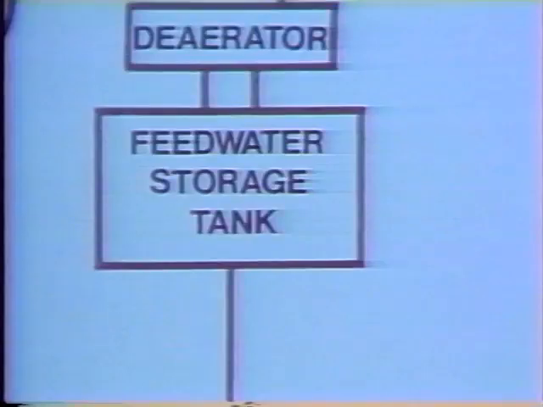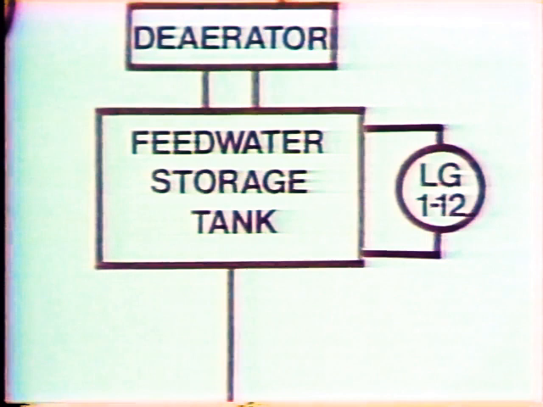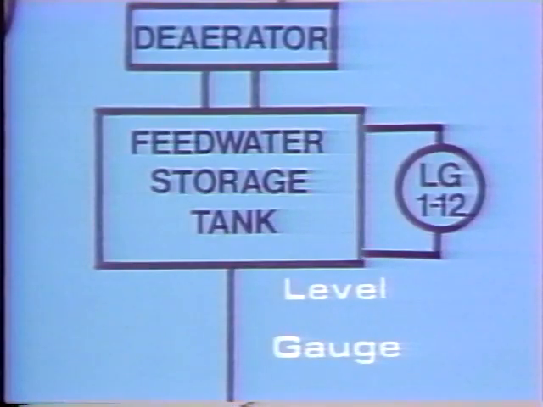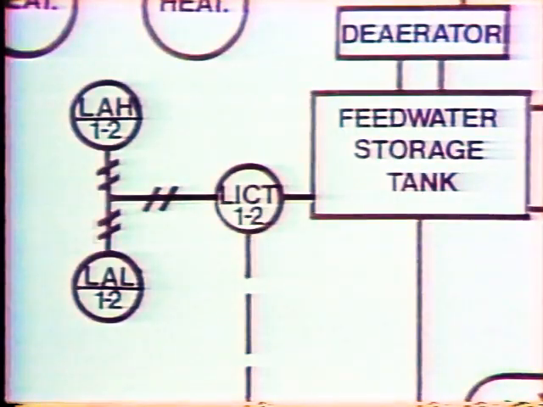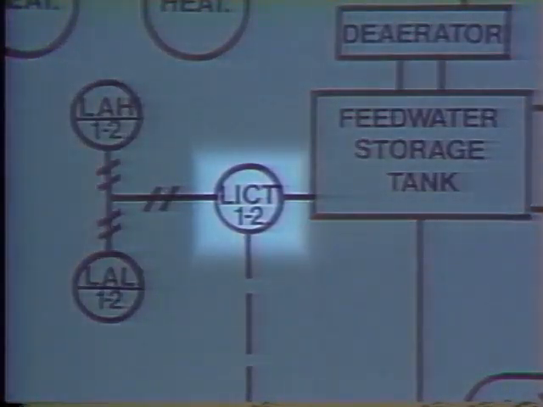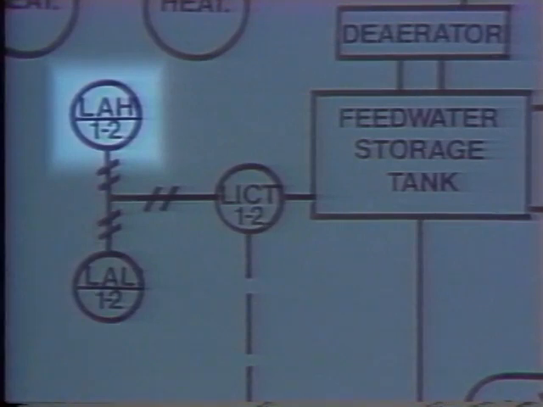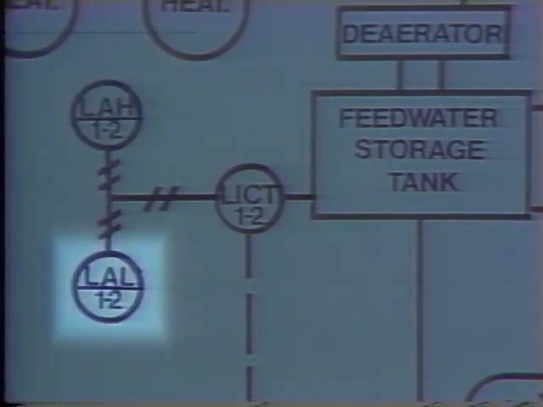In our example, there is a gauge glass which gives local indication of level in the feed water storage tank. LG identifies this as a level gauge. There's also a transmitter, a high-level alarm, and a low-level alarm.